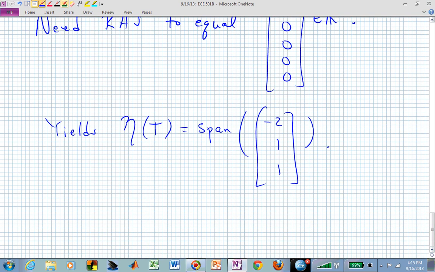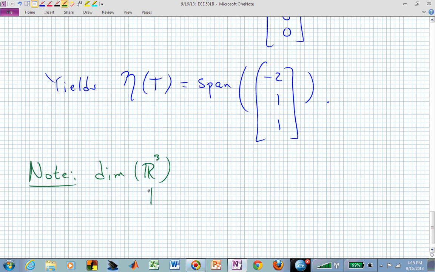And the interesting part about this example is that the dimension of our domain, which was this 3-dimensional real vector space, so the dimension was equal to 3, was actually, I'm sorry, less than the dimension of our codomain, which was equal to 5, and yet we still had a non-trivial null space.